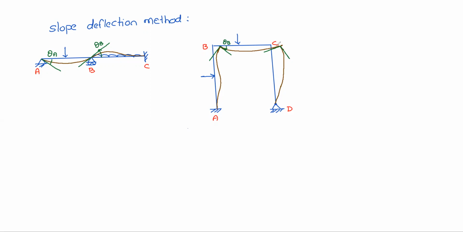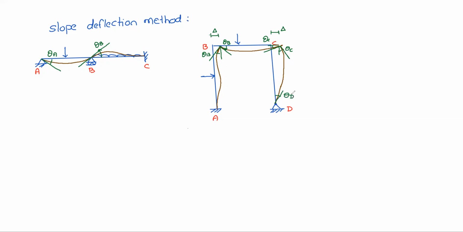Similarly, with respect to horizontal, this is theta C. Or with respect to vertical, this is theta C. With respect to vertical, this is theta B. And this displacement delta, or horizontal displacement is delta. And here, theta D.